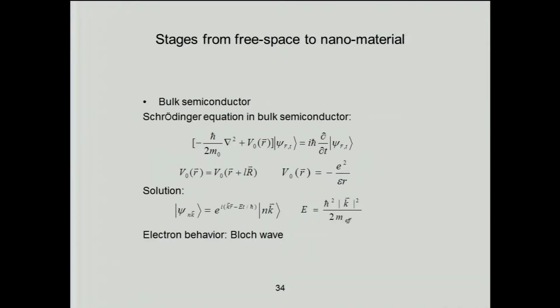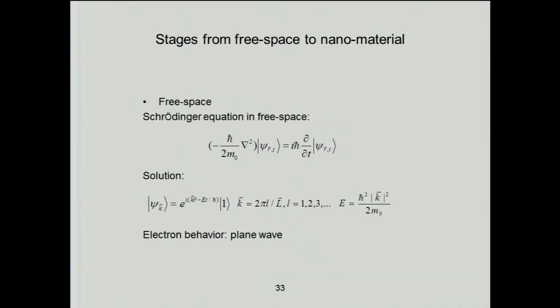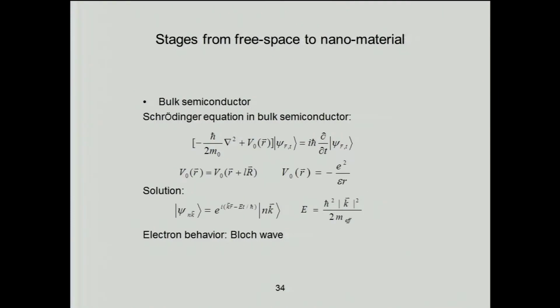For a free electron, this is how the wave looks. It can go from any value to any value for any time. When we put in the extra constraint of the extra potential, the wave is restricted, which is why it is known as a Bloch wave.